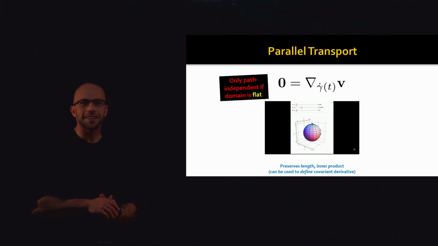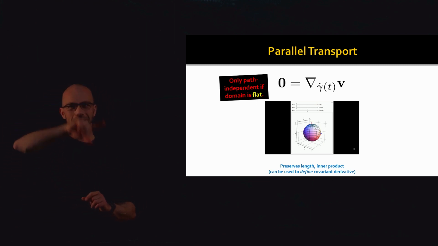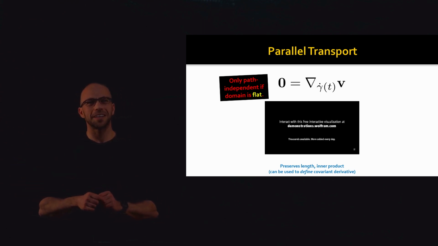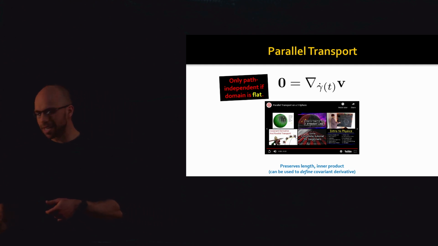In the slides, I've included a link to a little video, which shows what happens as you drag a vector along a triangle on a sphere, and you'll see it doesn't end up where it started. So I encourage you to go back to homework 3 and revisit that same story using this nicer notation that we've developed today.